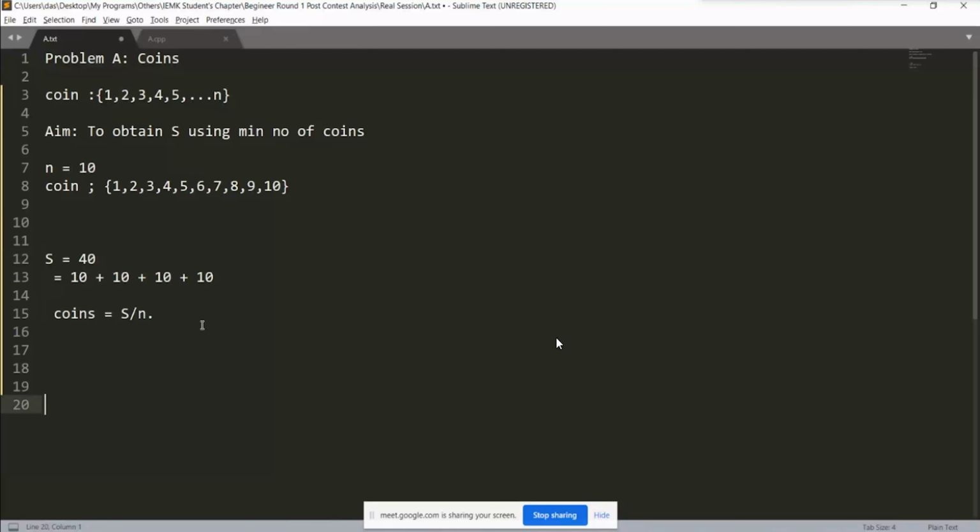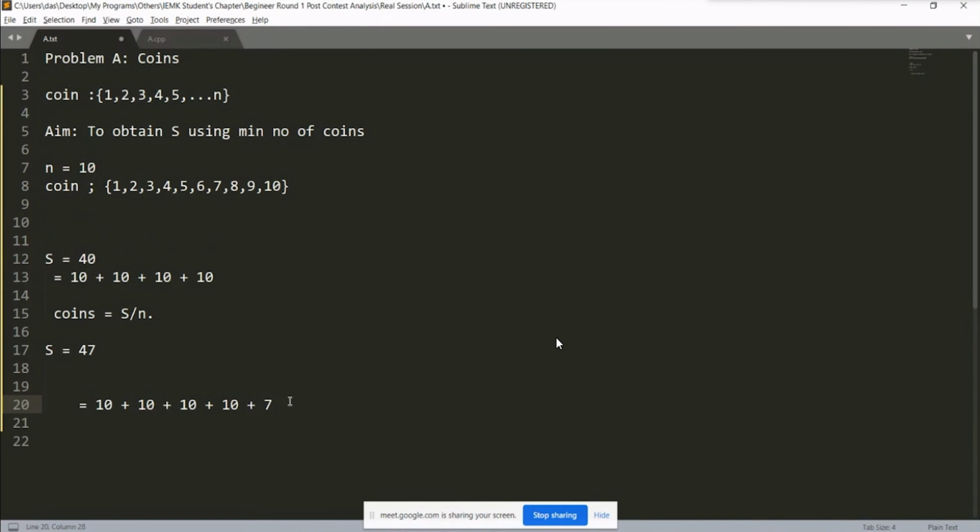But suppose S is something like 47, right? Here also we will use a similar logic. Largest coin 10 plus 10 plus 10 plus 10 plus, now we will have to use something like 7.